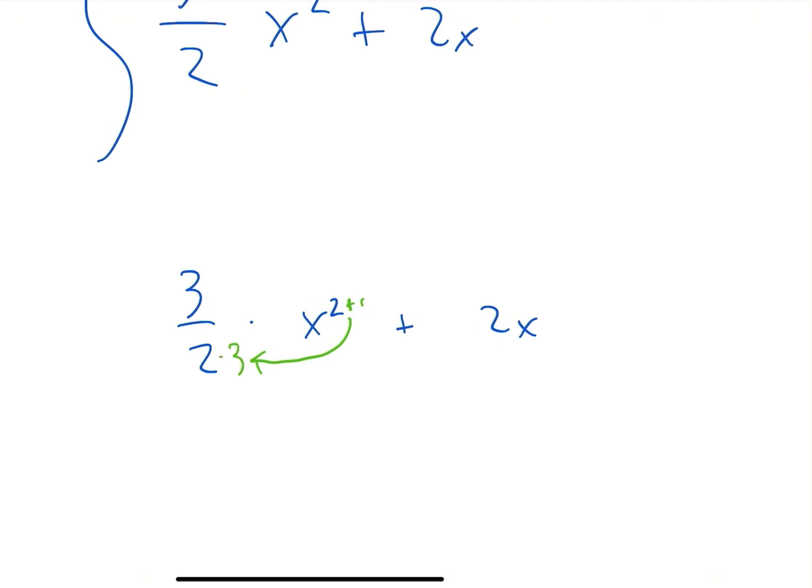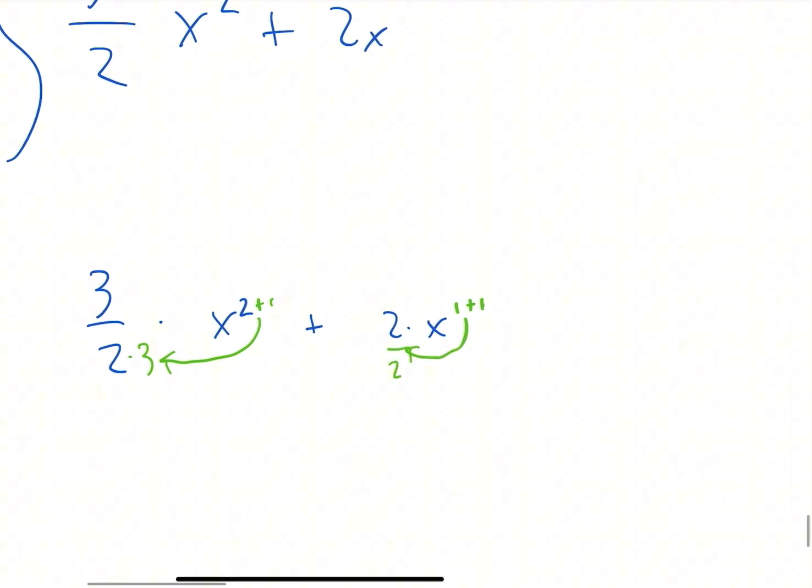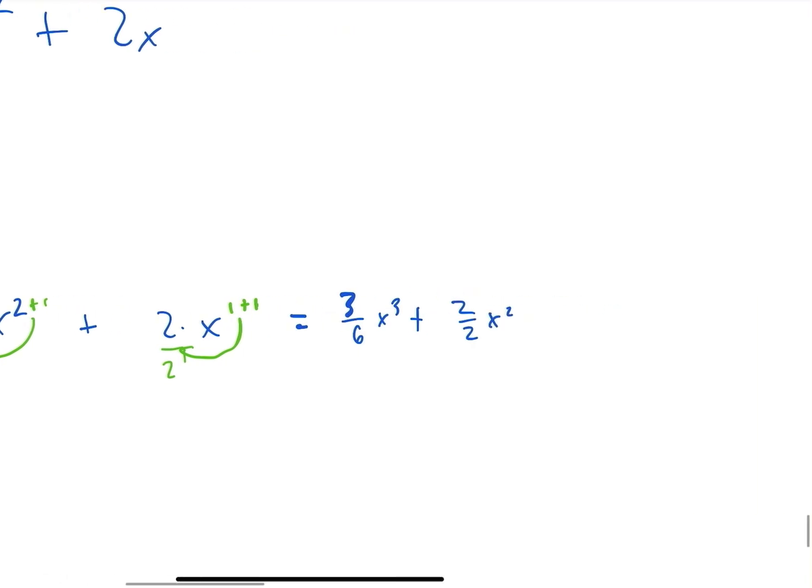And then for this variable over here, we add 1 and then divide by 2. So this integral would give us 3 over 6 x cubed plus 2 over 2 x squared, which is the same thing as 1/2 x cubed plus x squared.